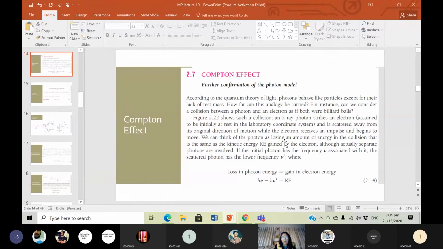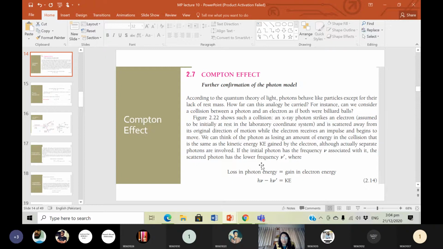Our scenario is that there's a collision taking place with an X-ray photon. It strikes an electron, and the electron is initially at rest in the laboratory coordinate system. After it collides with the electron, the photon is scattered away from its original direction of motion, while the electron receives an impulse and begins to move.